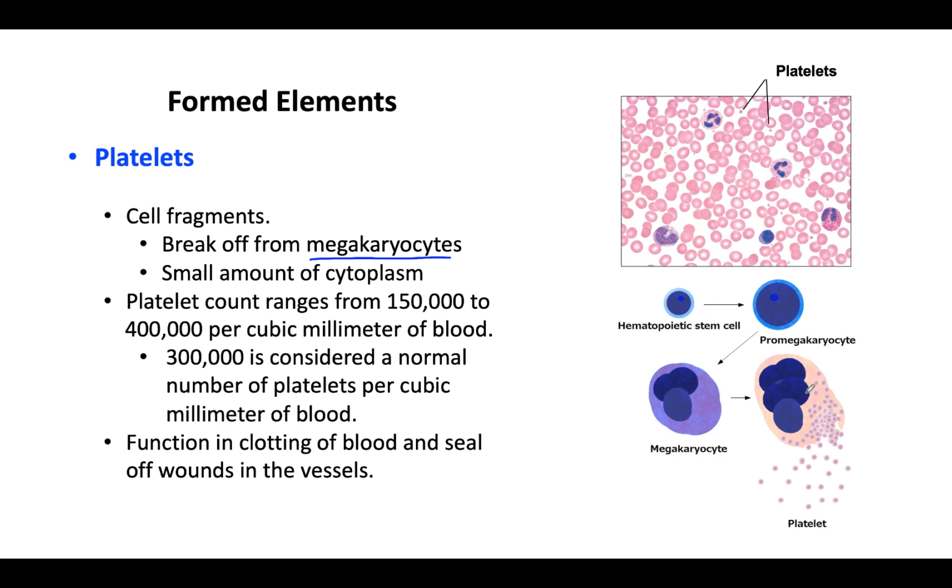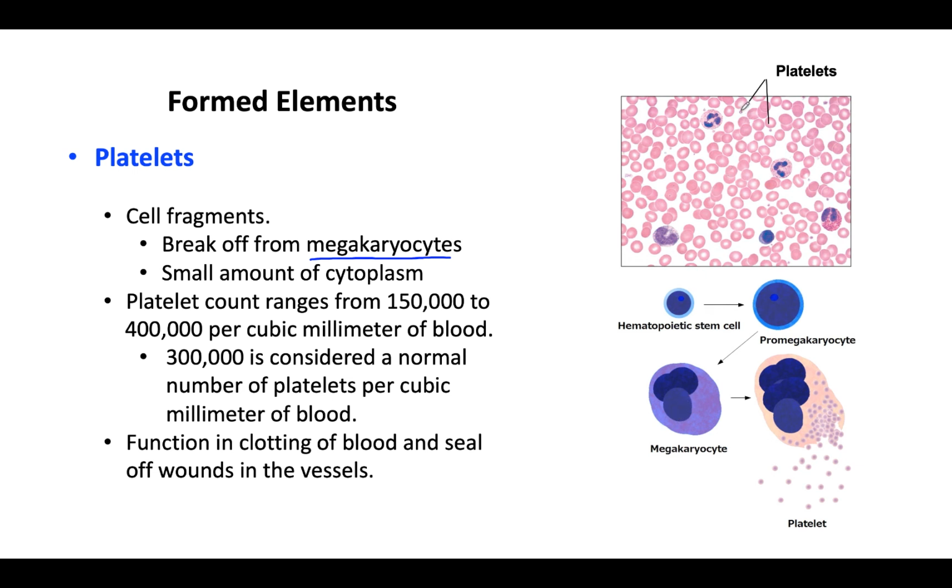Once pieces of cytoplasm split off and become cell fragments, they enter the bloodstream as platelets. When you look at this panel, platelet is really small. Think about that. It is just a small piece of cytoplasm from megakaryocyte.